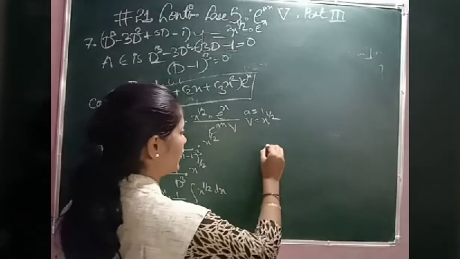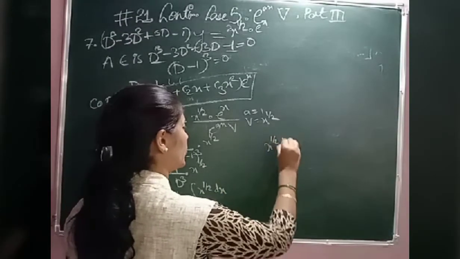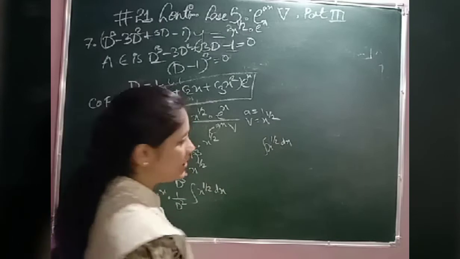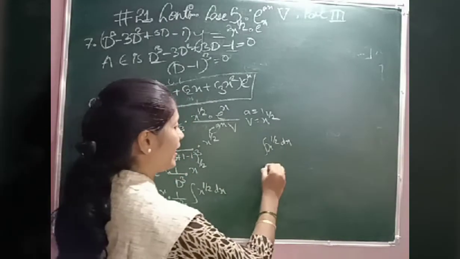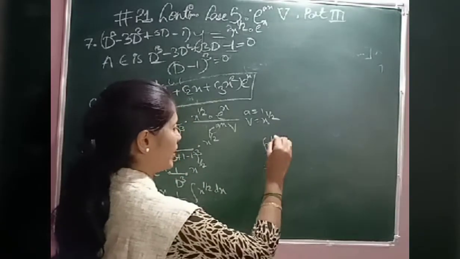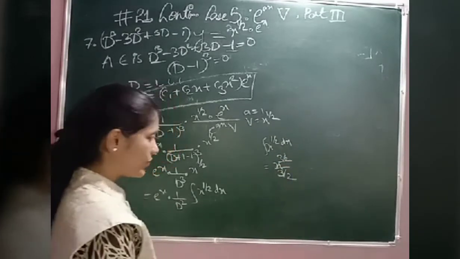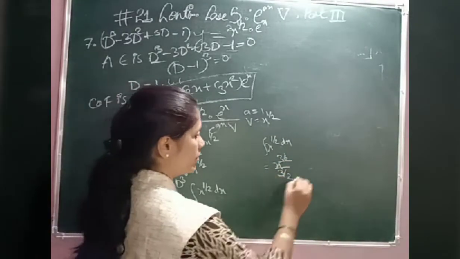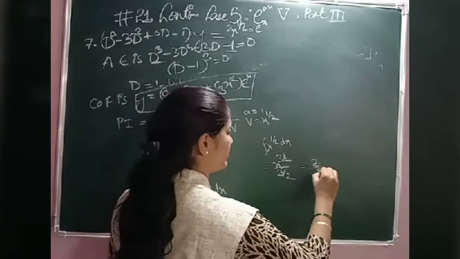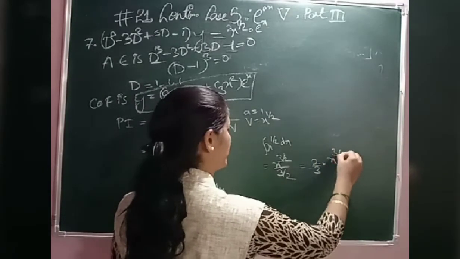If you want, directly you can integrate x raised to 1 by 2 dx once. How much will you get? X raised to 1 by 2 plus 1, that is 3 by 2, divided by 3 by 2. Right? So that is 2 by 3, x raised to 3 by 2.